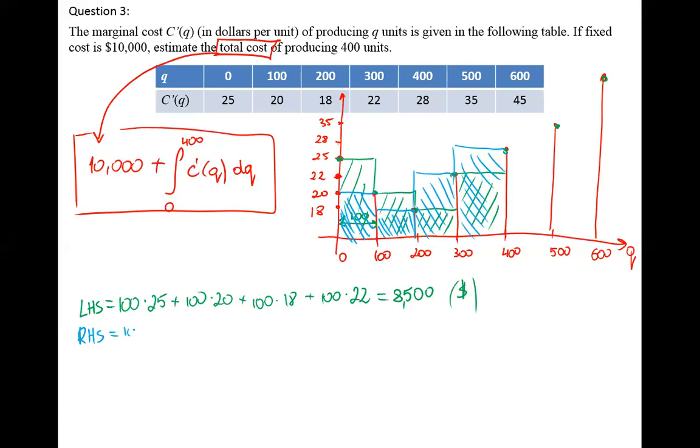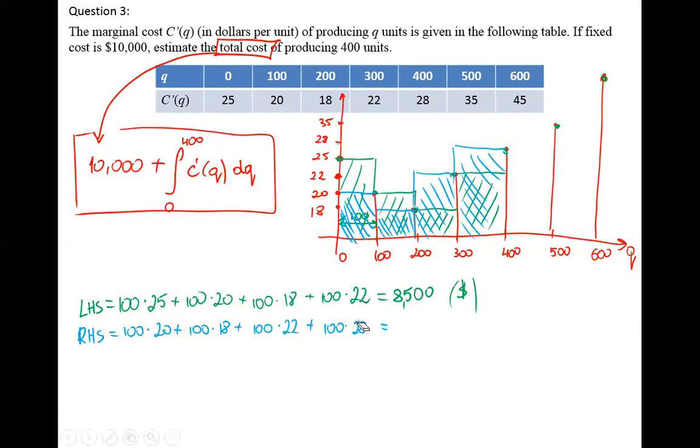Okay, that's what we have: 100 times the value for 100, 20. 100 is the base, yeah, we know that. The blue one has the value for 200, 18. Now the value for 300 is 22, and the value for 400 is 28.